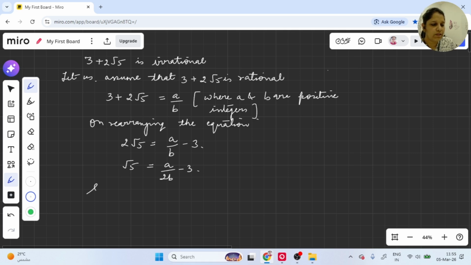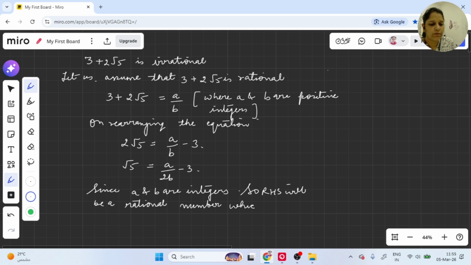Now since a and b are integers, so right hand side will be a rational number which is equal to root 5 as per the above equation.